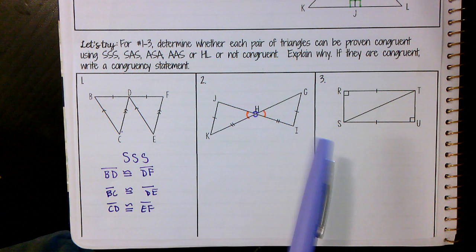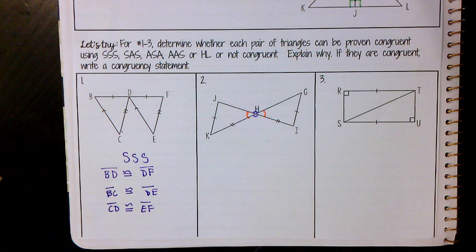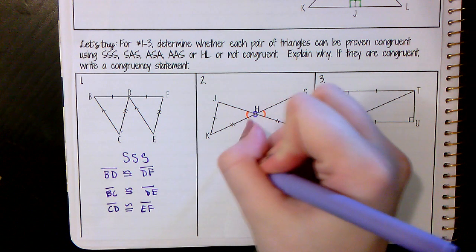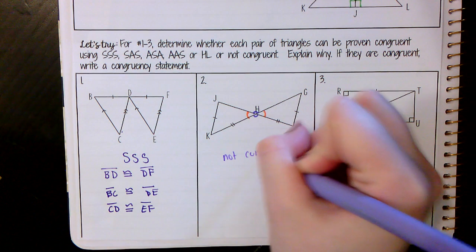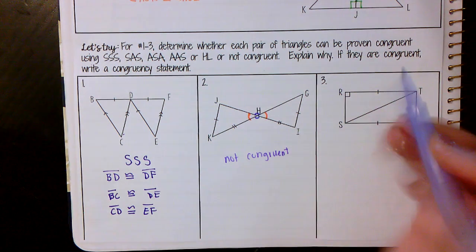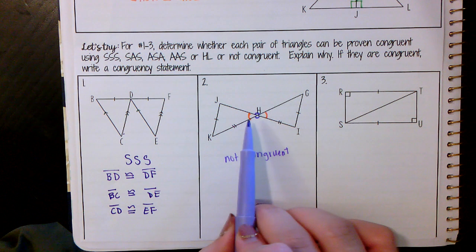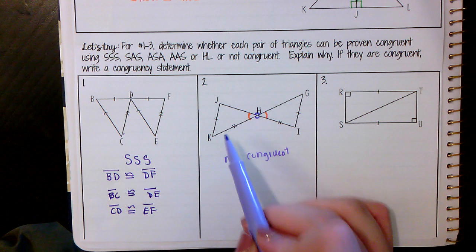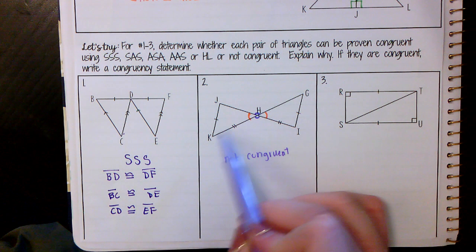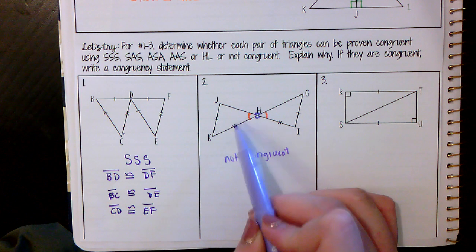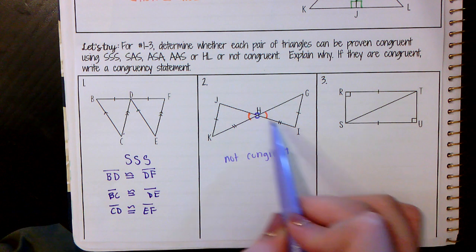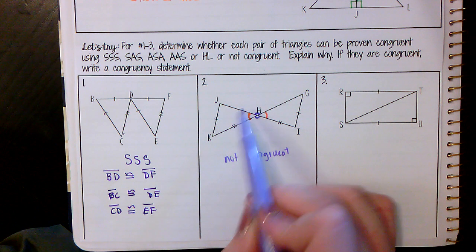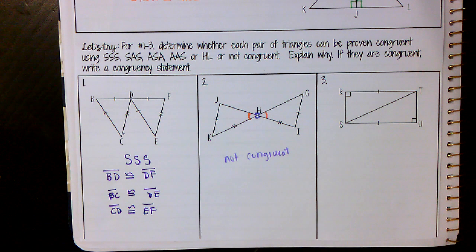So, and I don't see a right degree. So I would say not congruent. And if you look, this line, this together, this one isn't congruent with this one. It's actually congruent with that one. And I would think that one would be congruent with this one. And it's not. So we're going to say that one's not congruent.